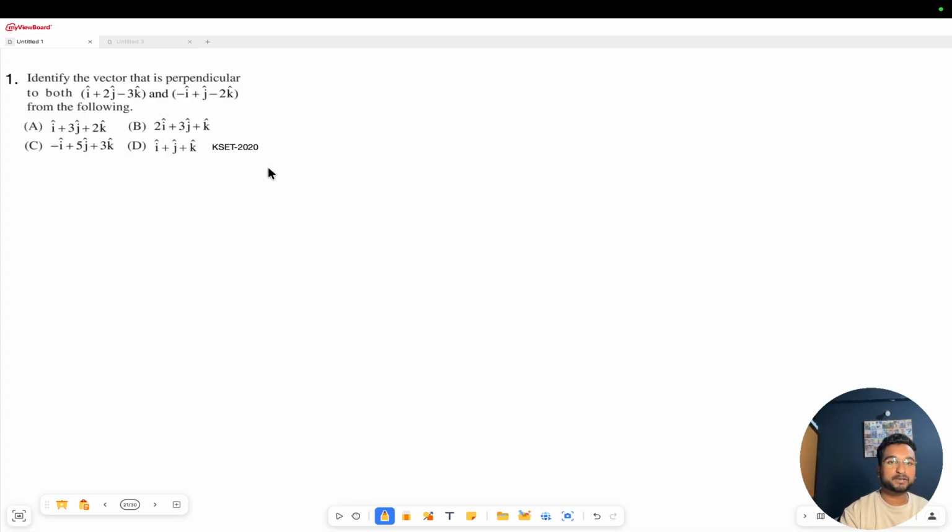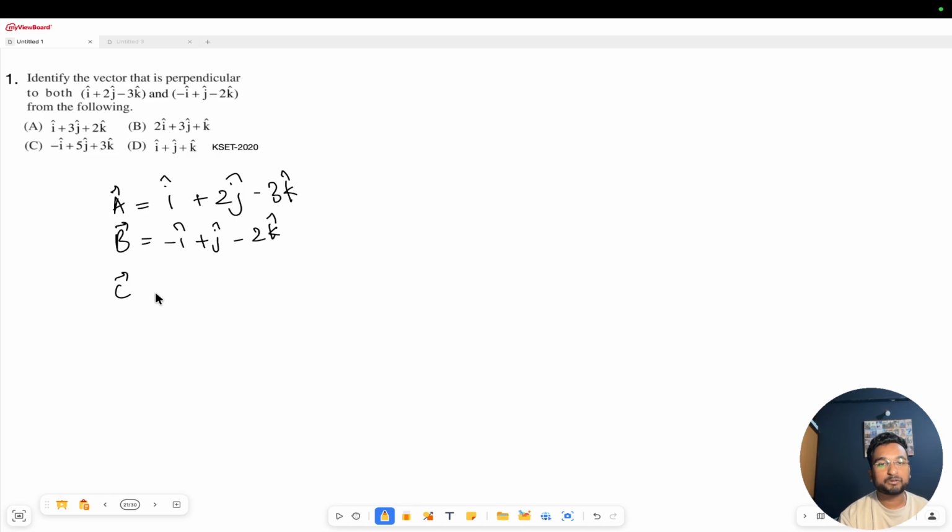You have been given two vectors, vector A, i cap plus 2j cap minus 3k cap, and vector B is given as minus i cap plus j cap minus 2k cap. Now they are asking what will be your C vector which is perpendicular to both A and B. So to calculate this, you can do one thing, just take the cross product of these two. Cross product of A vector and B vector, you will get a C vector which is perpendicular to both.